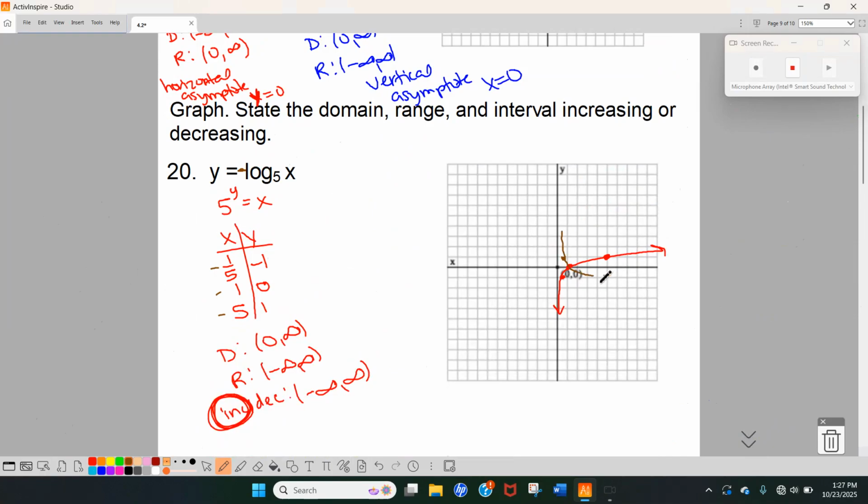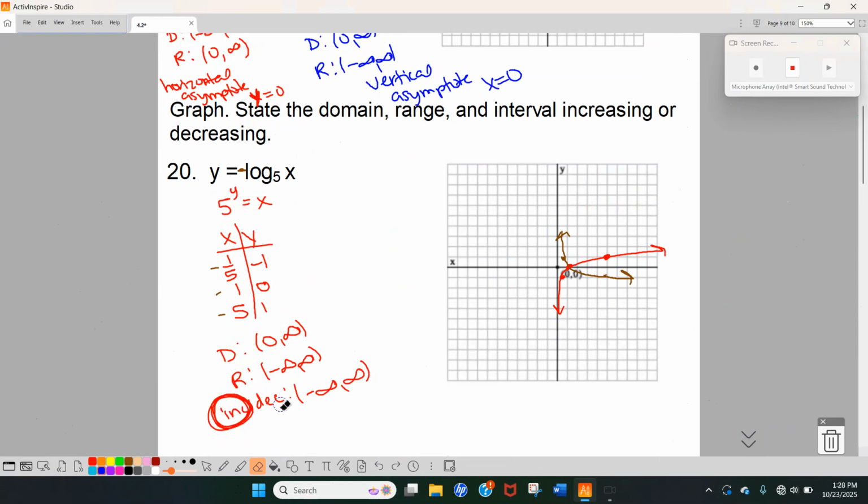That would change the domain to be negative infinity up to 0. No, it wouldn't, because we're talking about x's. Sorry, we were talking about y's, but the domain is the x's, so it would still be 0 to infinity. And it would change to decreasing.